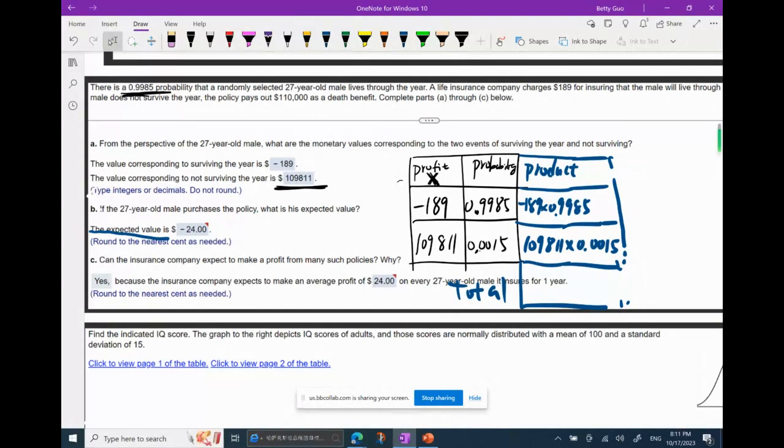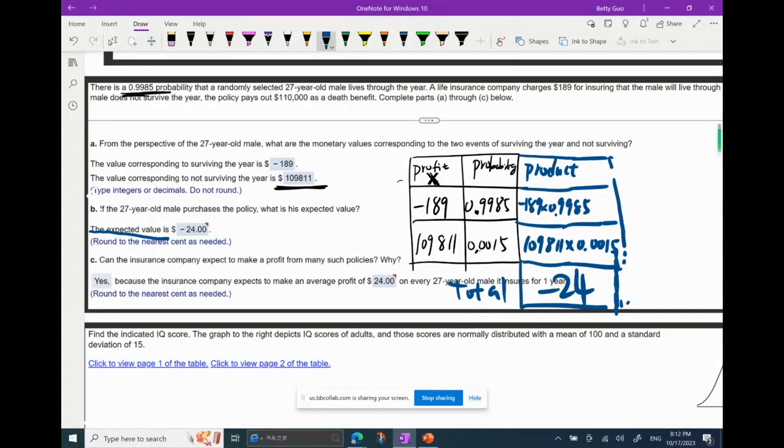Negative 189 times 0.9985, and then plus positive 109,811 times 0.0015. You see, this time it works. Negative 24 exactly. So we take the perspective of the buyer.